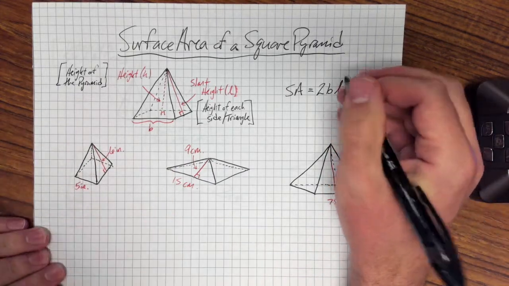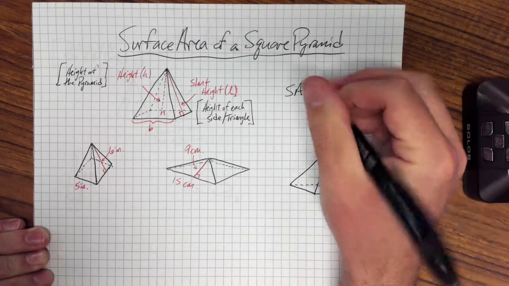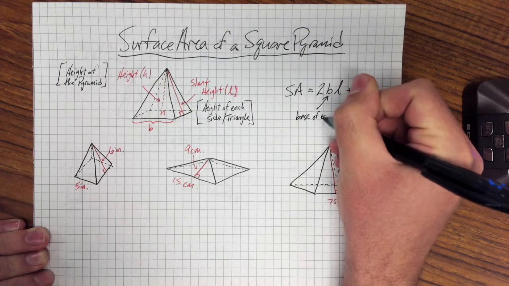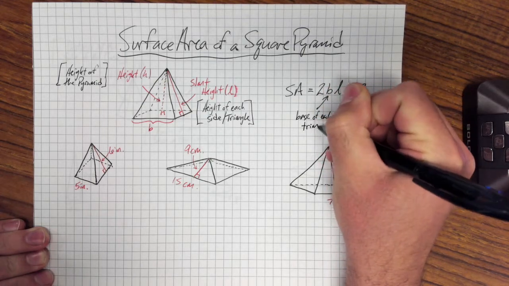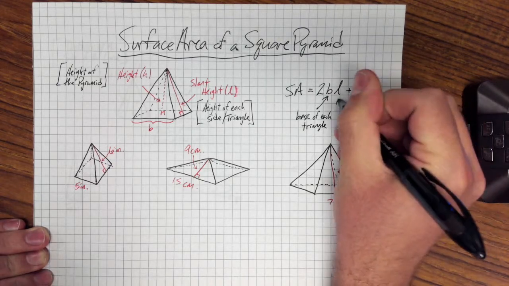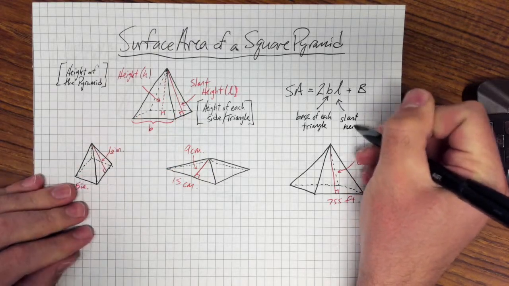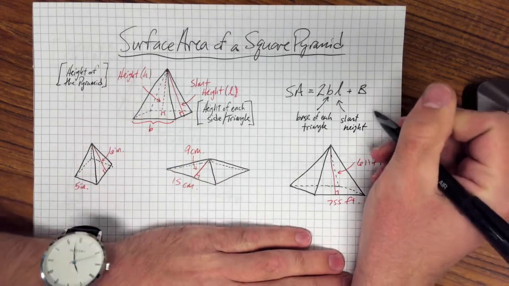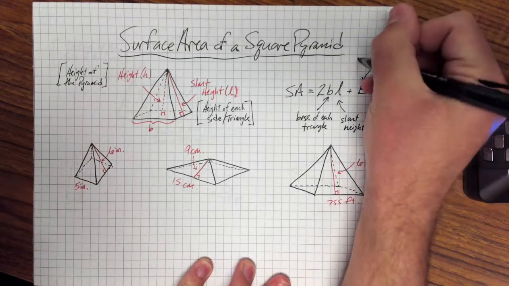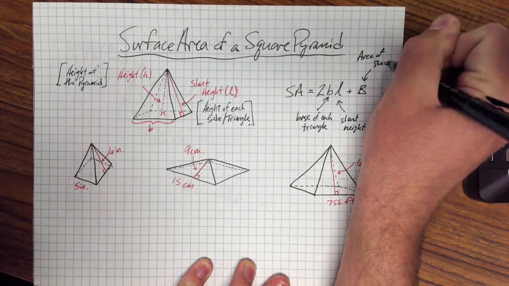One thing you need to keep in mind is to label these. The little b means base of each triangle. The cursive L is the slant height, which we mentioned over here. And then this big B is the area of the base of the pyramid.